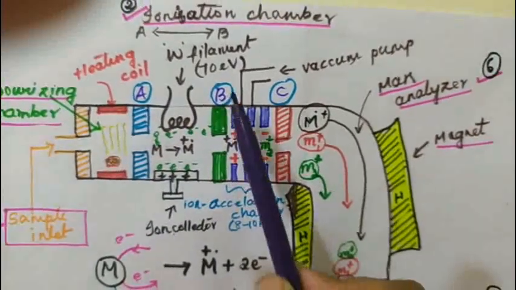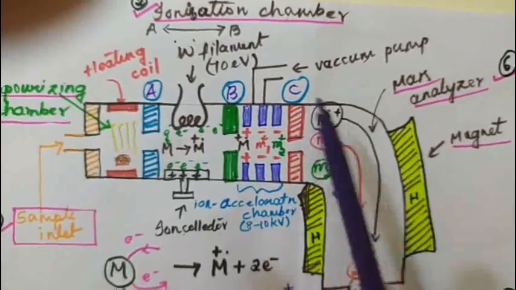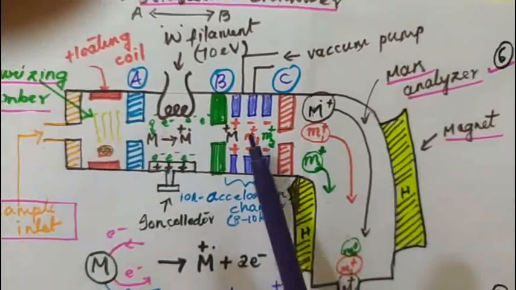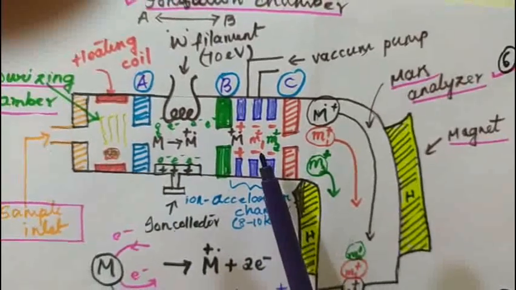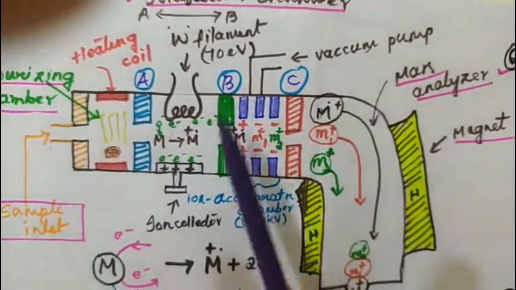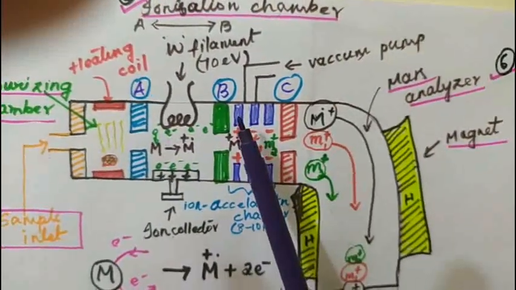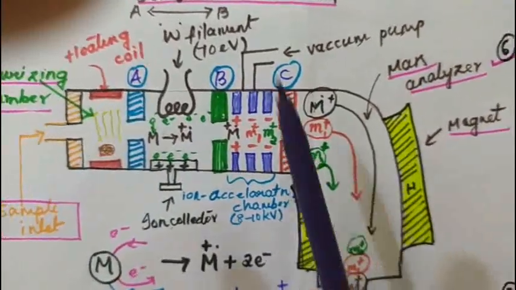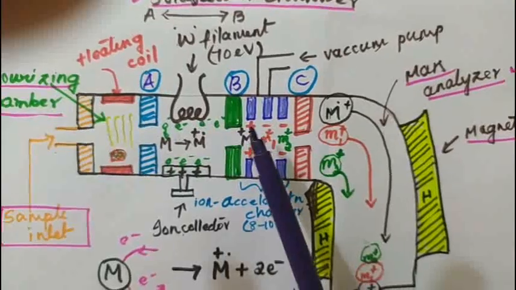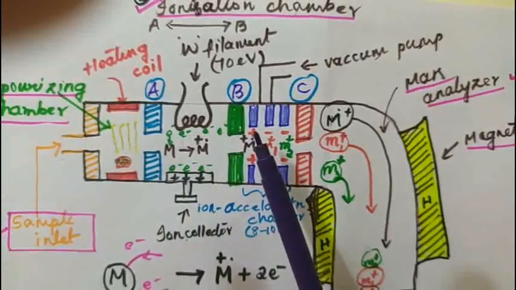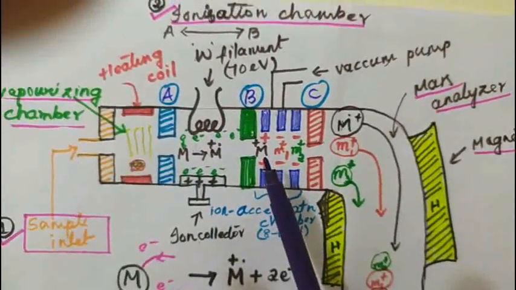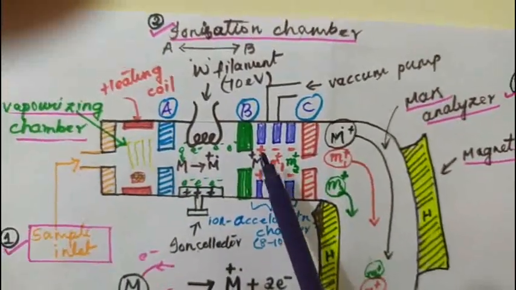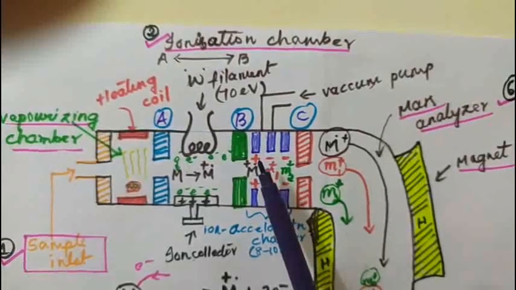This lies between the slit B and C. As the name indicates, we have to accelerate the speed of the ions here. This chamber is provided with electrodes which have the potential of 8 to 10 kilovolt. On the first electrode, positive potential is applied, and since the ion is positive, it will be repelled by the positive electrode.